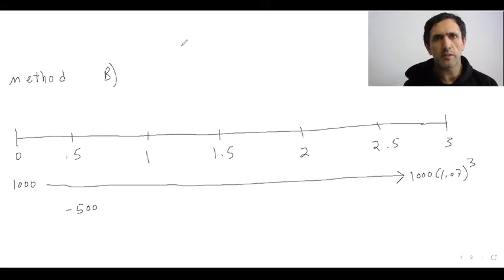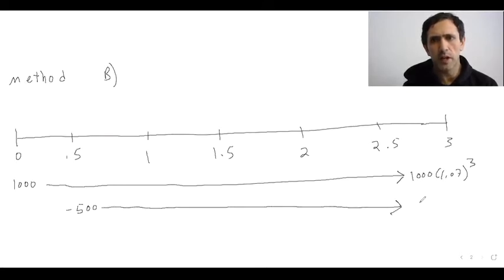Sorry about that. Okay, so we treat that as negative. So this negative 500 withdrawal accrues 2.5 years of interest, since we're making this withdrawal 6 months after our initial deposit, and we're trying to find how much we have at the end of 3 years. So 1.07 to the 2.5.